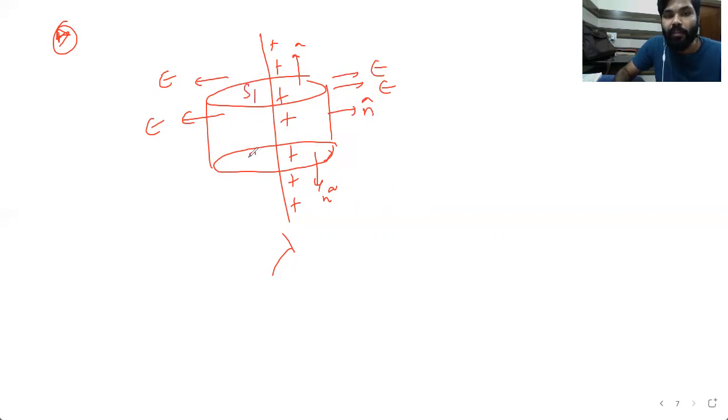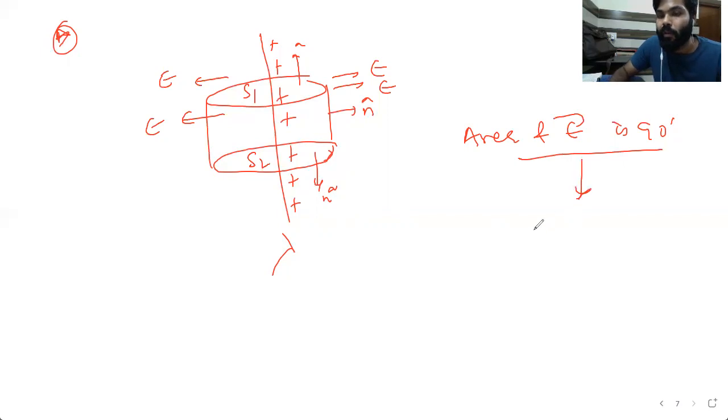For surface 1 and surface 2, the angle between area and electric field is 90 degrees, which is pi by 2. So when you find the flux through surfaces S1 and S2, flux is E dot A, which is EA cos theta.